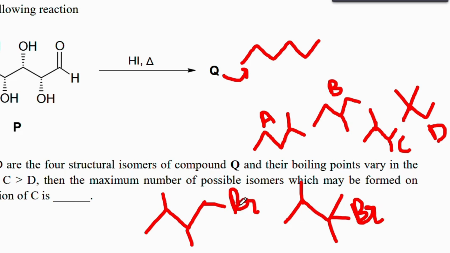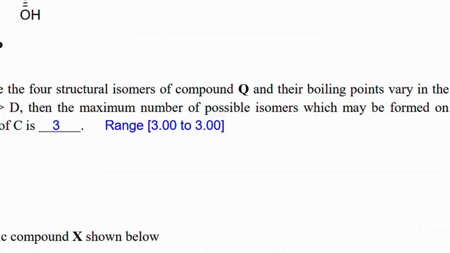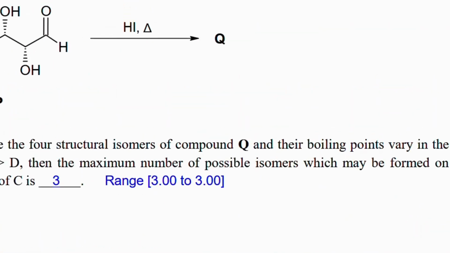Now, when we count the total number of isomers, we have to take into account that this compound has a chiral center, and therefore it shall be in an enantiomeric form, and so this contributes 2 isomers, and the other is optically inactive, so it contributes 1. So the final answer shall be 3. And if you verify it with the final answer key, it turns out the answer is 3.